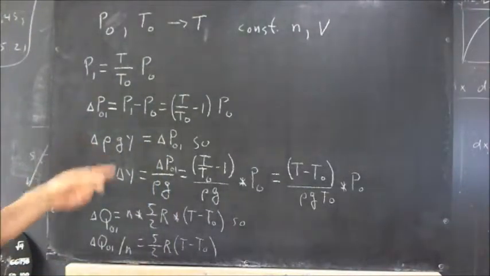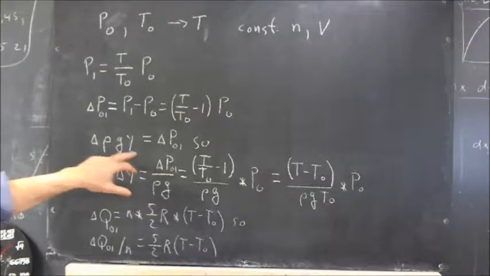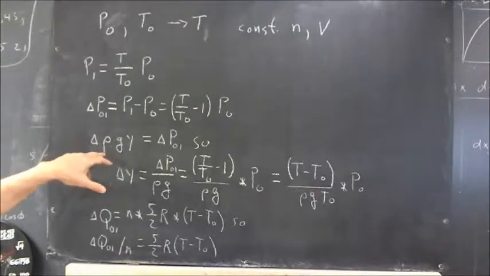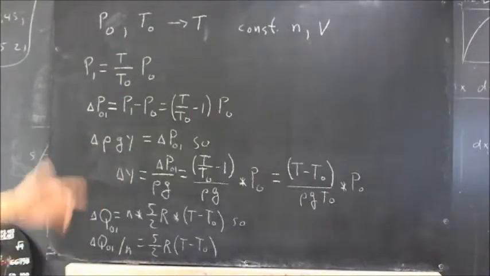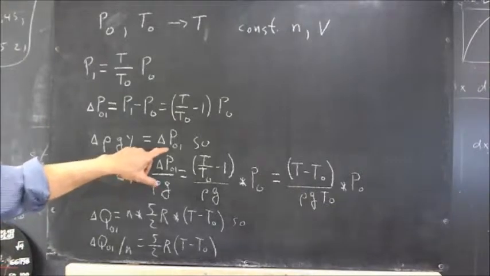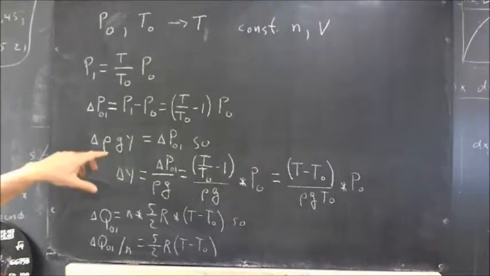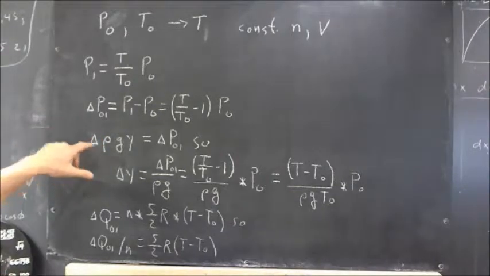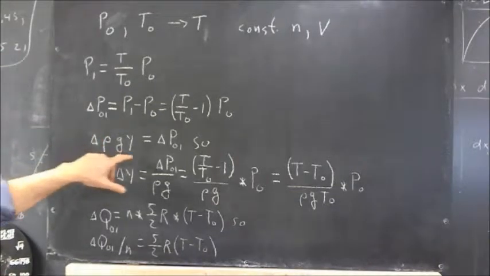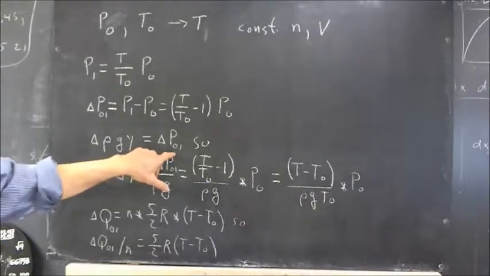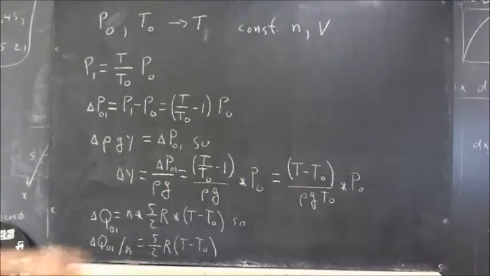Okay, well, the change in the rho gy, the gravitational potential energy related term, is going to equal the change in pressure, so that, or if you prefer, delta rho gy, the y will be the height of the column supported by this pressure difference.